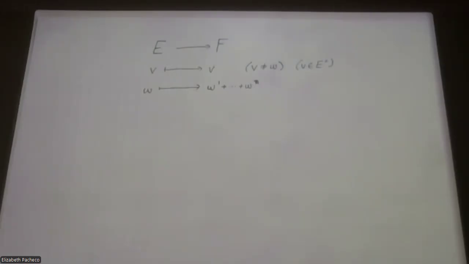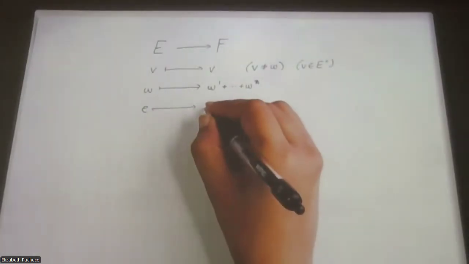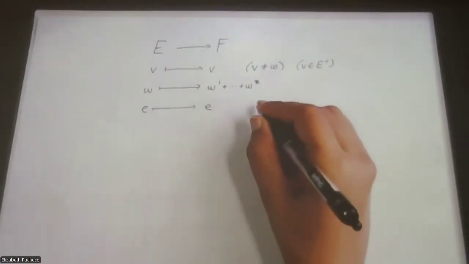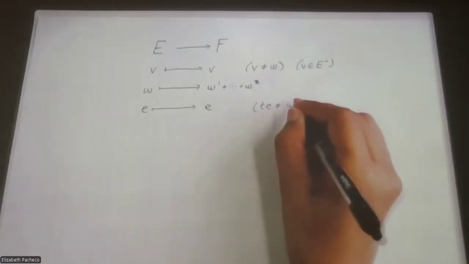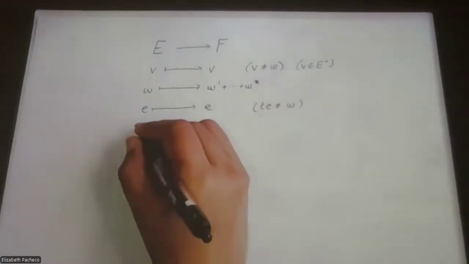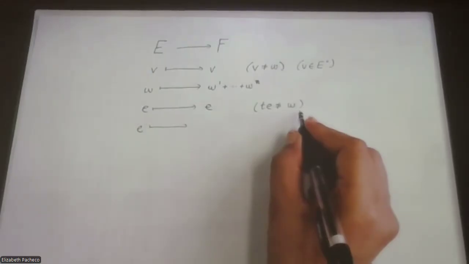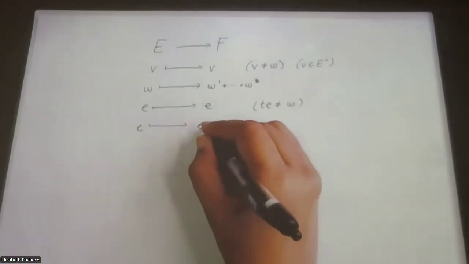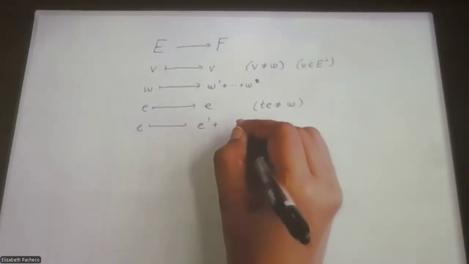In the example, it was W2. And then E goes to E if the target of E was not equal to W. Otherwise, if the target of E was equal to W, then it had to be duplicated. So it goes to E1 plus En.